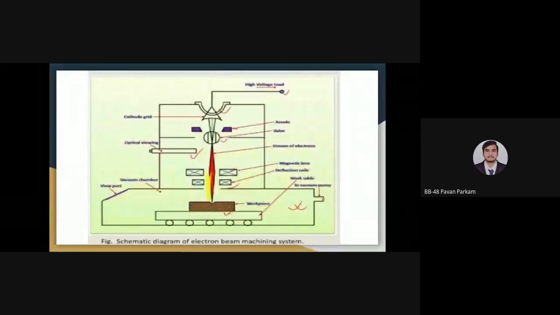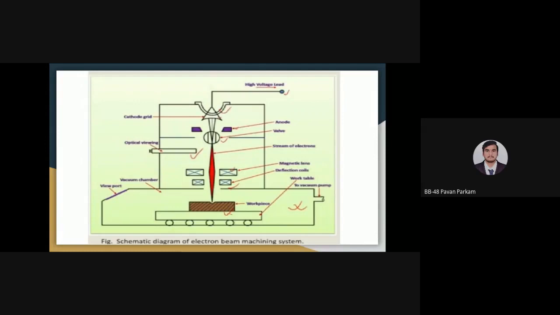After passing the magnetic lens, the electron beam passes through the deflection coil, and after passing through the coil, it falls on your workpiece surface, into a very small area, which means a localized area.